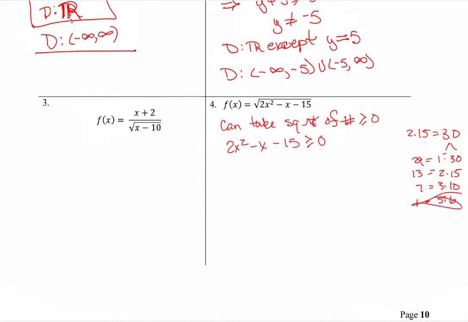That's the one I want. So that's 2x squared minus 6x plus 5x minus 15. Has to be greater than or equal to 0.